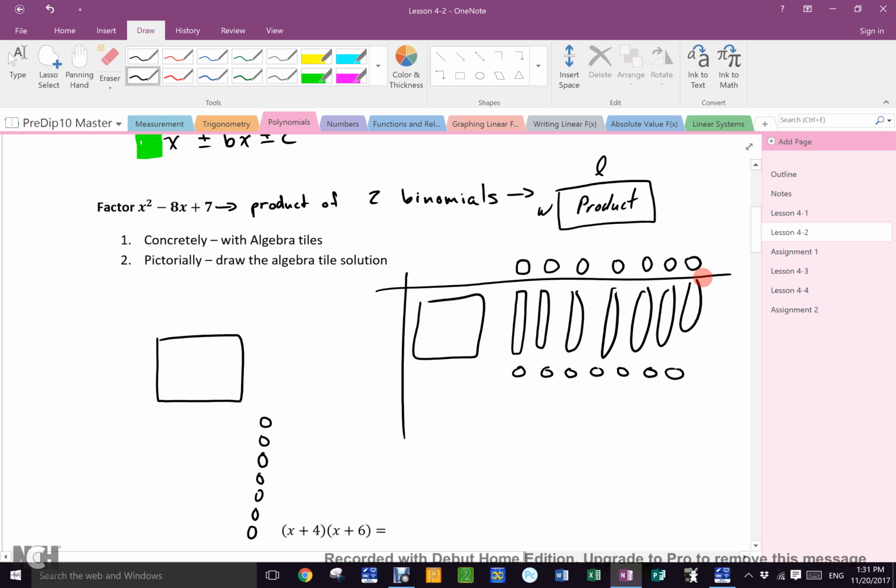Is my rectangle full? No, what's missing? This guy right here, yeah? Now, do I have a rectangle? So there's my product, right? 1, 2, 3, 4, 5, 6, 7, 8. There's my 8 x's. But what's weird about it?